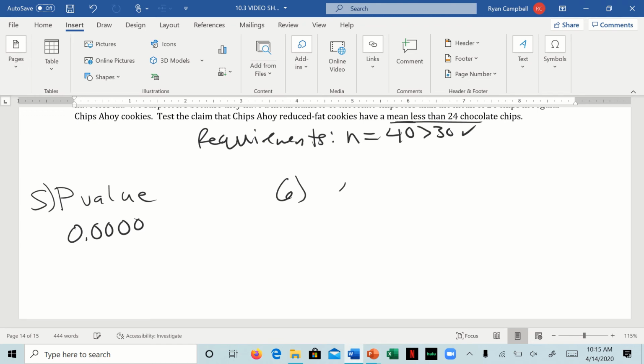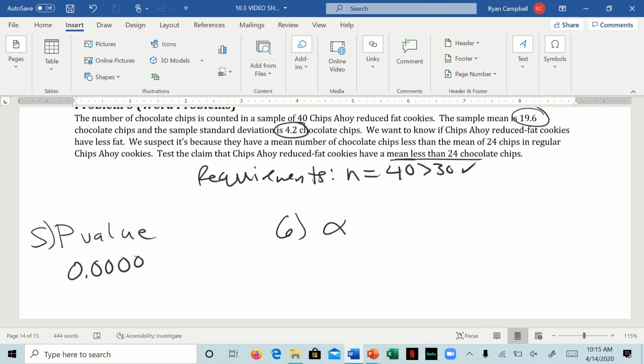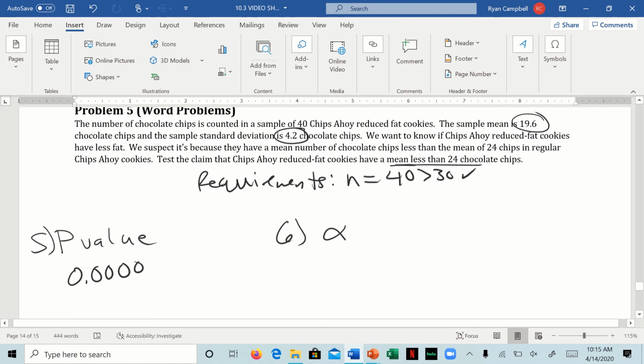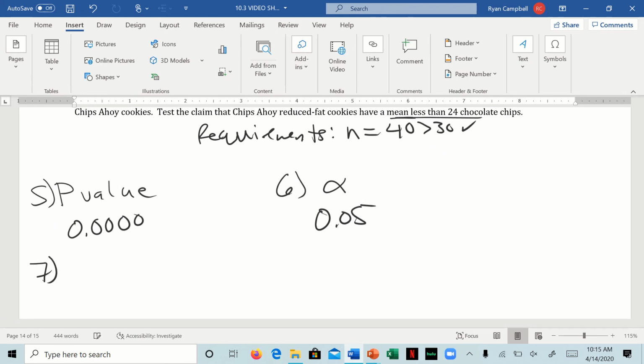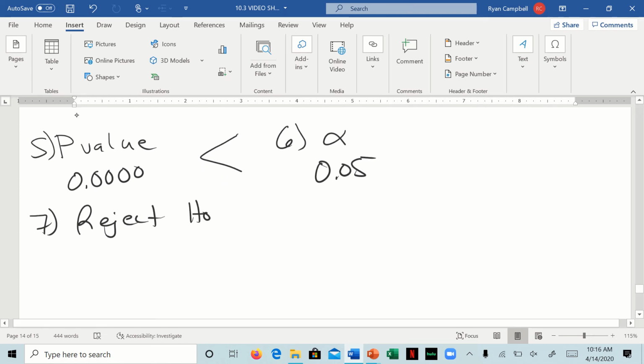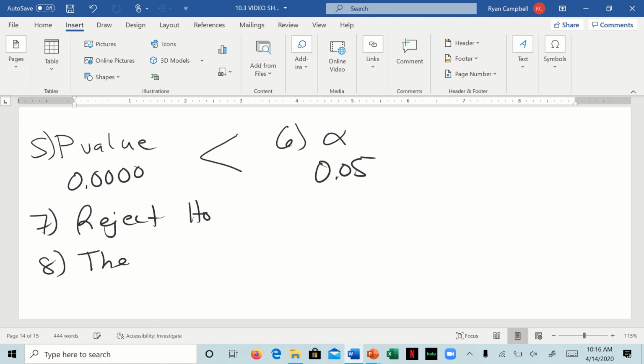Part 6, significance level. They didn't give us a significance level, so what do we assume it to be? 0.05. Number 7, p-value is less, so we are going to reject the null hypothesis. So then number 8, there is sufficient evidence because we rejected.